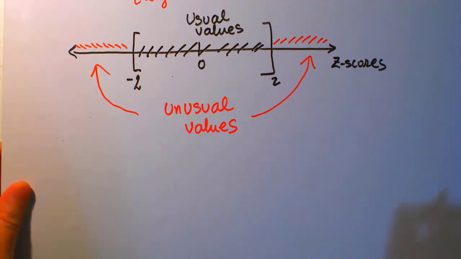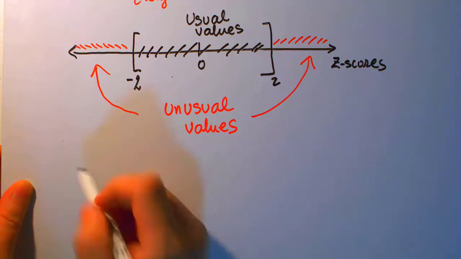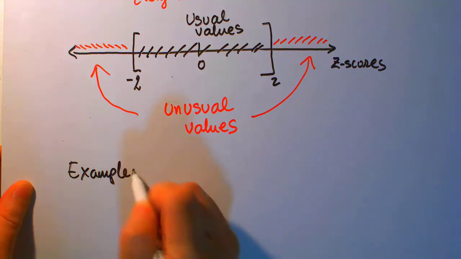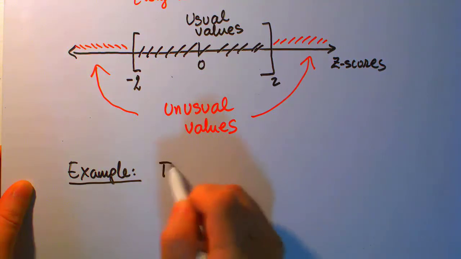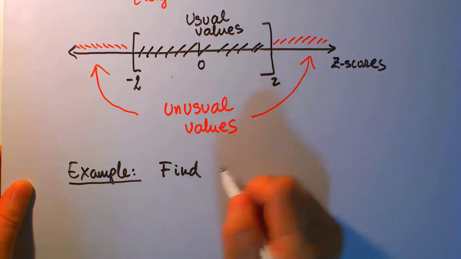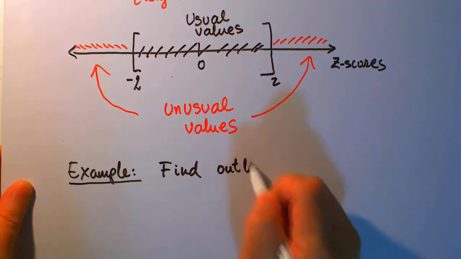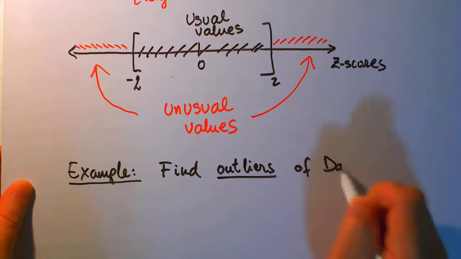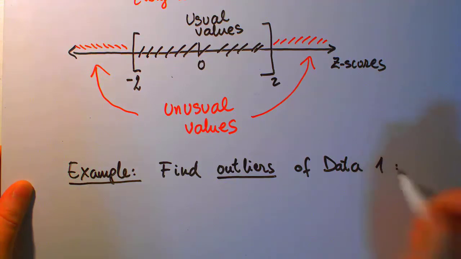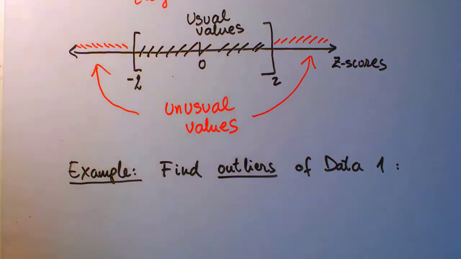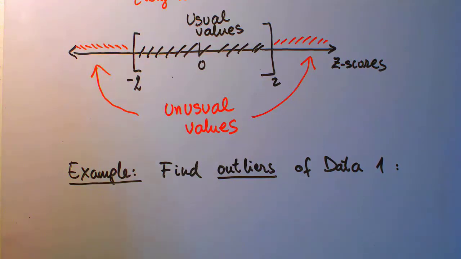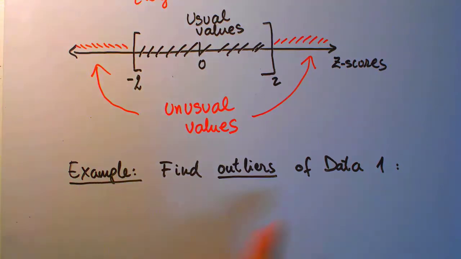I'm going to come up with an example. In my example, let's find outliers, again, of data 1. Some of you might wonder, we already found outliers for the same data set.